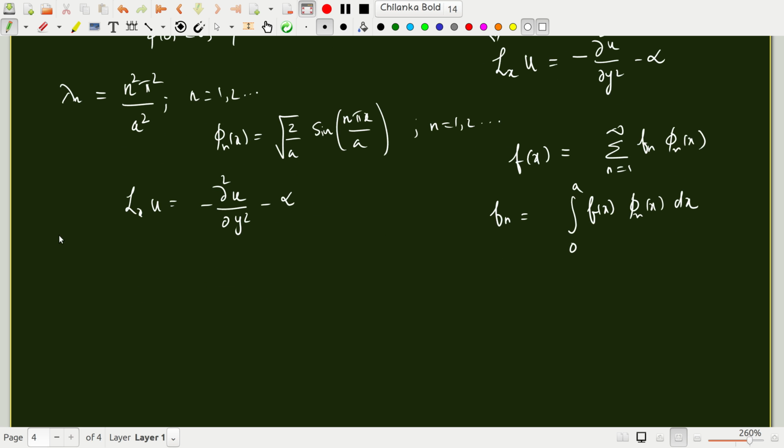Now I'll take the inner products on both sides: I'll multiply by phi n and integrate between 0 and a dx of the entire equation.